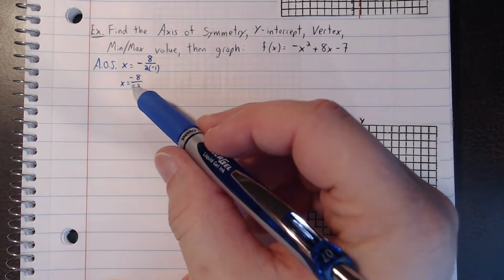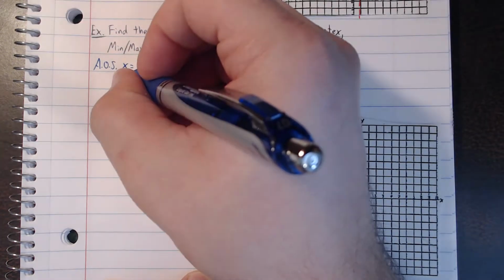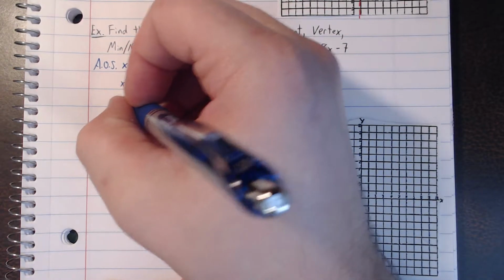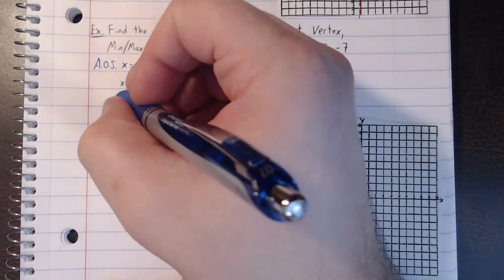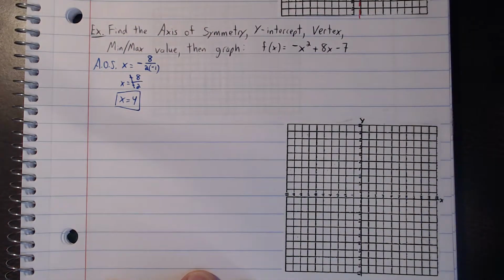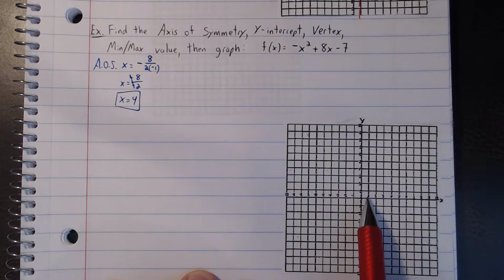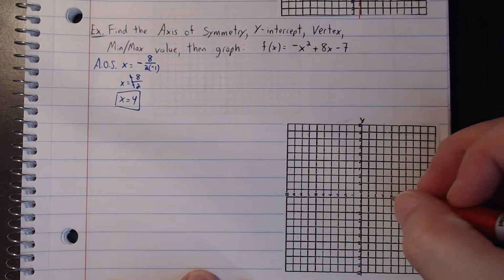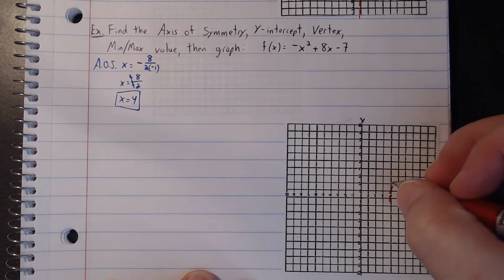These negatives are going to cancel out, and we end up with x equals 4. That's our axis of symmetry. I'm going to come over to our graph at 4. Here's 4, and I'm going to make my axis of symmetry.